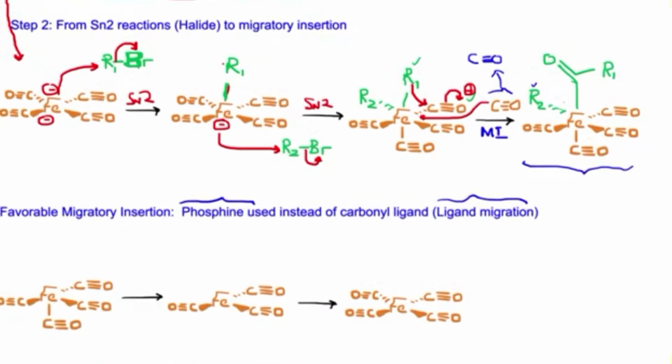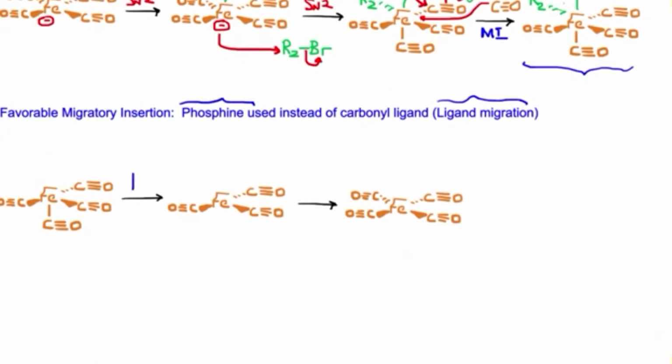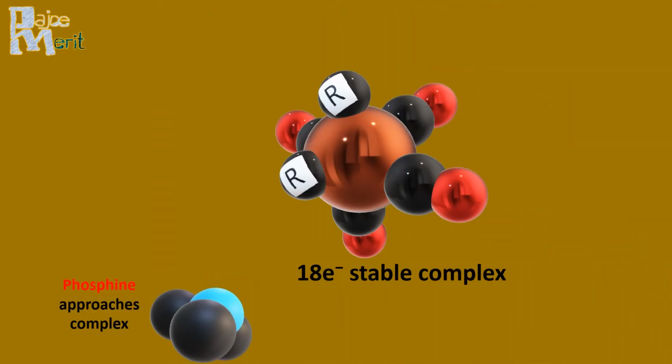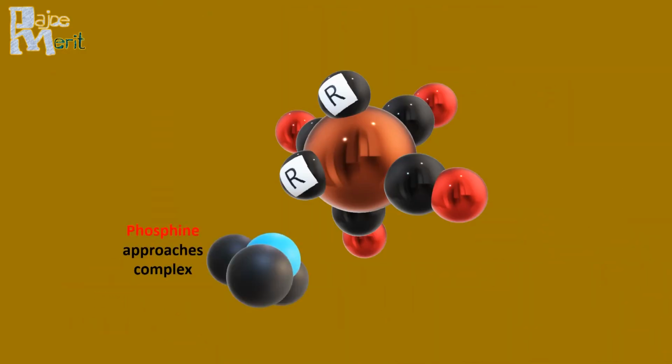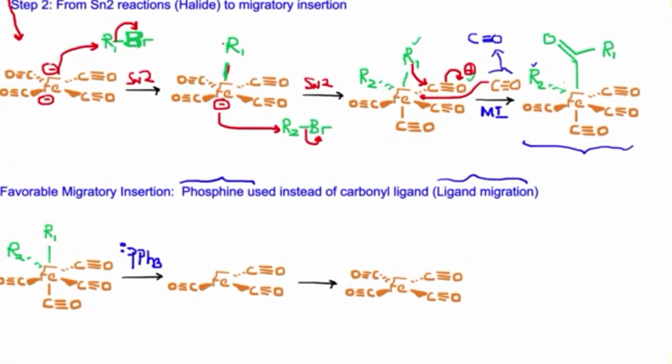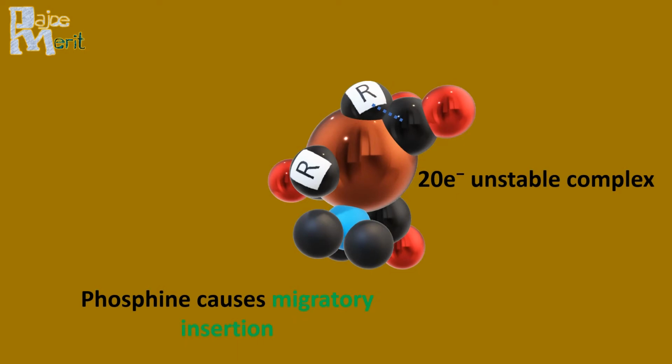So in order to reduce that pressure, we add a phosphine ligand to this solution, which results in a ligand migration that is going to be shown in this next step. Once phosphine is introduced as a ligand, instead of carbonyl being involved in triggering the migratory insertion, we're going to have phosphine do just that.